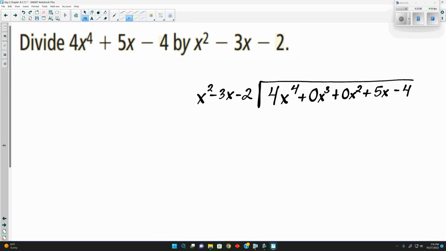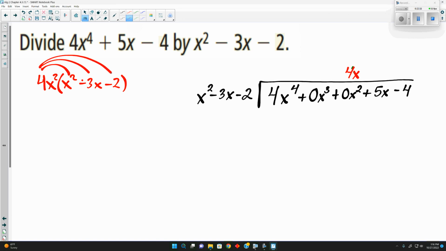Now the first main step is seeing what times x squared will give us 4x to the fourth. 4x squared is what we need. So we're going to multiply 4x squared by our x squared minus 3x minus 2.